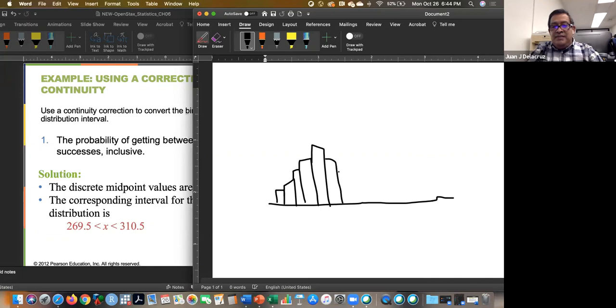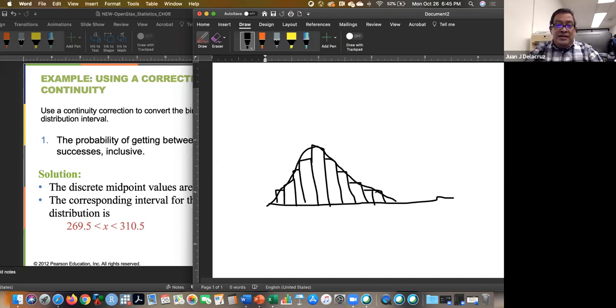I'm not very good at drawing things, but just imagine that this is our binomial distribution. Basically, I'm going to fit a normal to the binomial. So it's very clear that some of the areas here are missing.